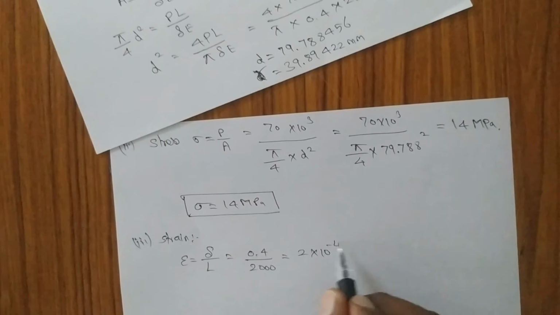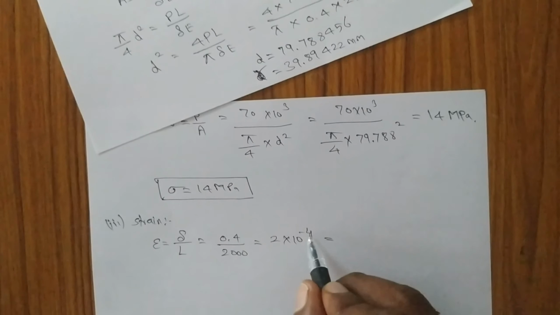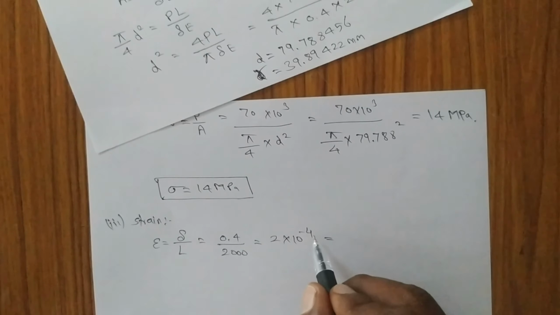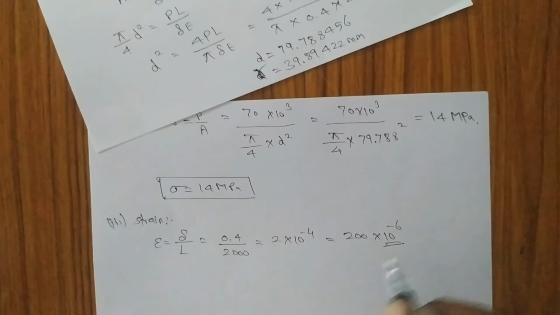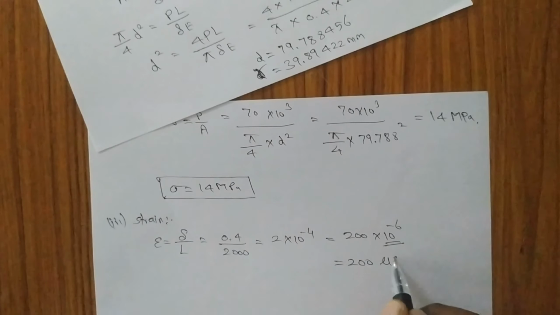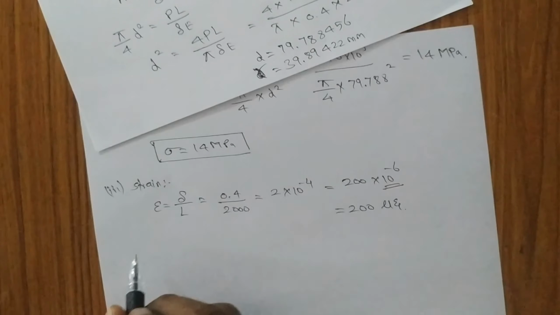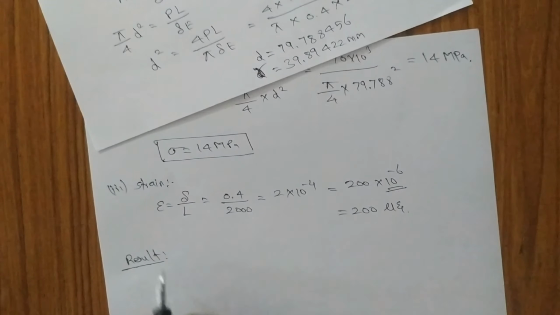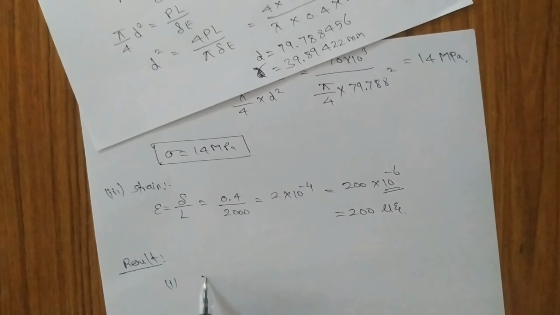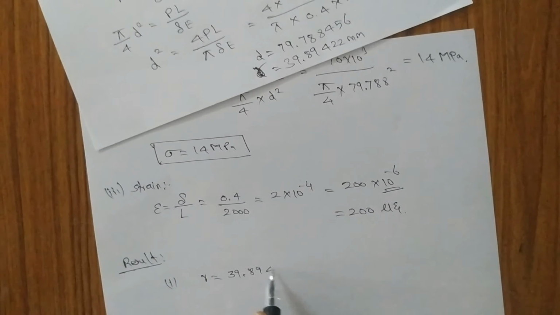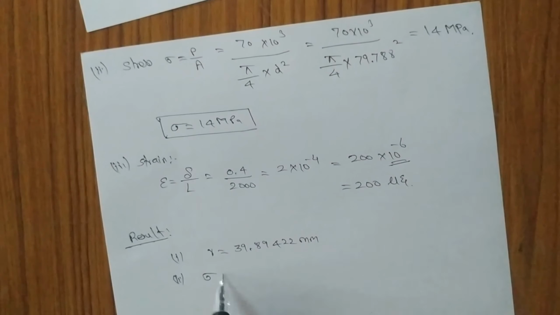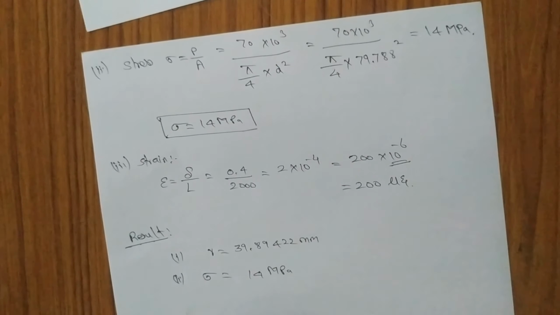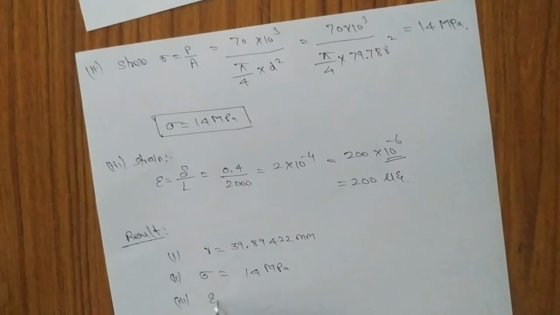We always change this into microstrain, so we get 200 into 10 to the power of minus 6, which we write as 200 microstrain. In result, first we got radius r equal to 39.89422 mm. Second, the stress value 14 megapascal. Third, strain, that is 200 microstrain.